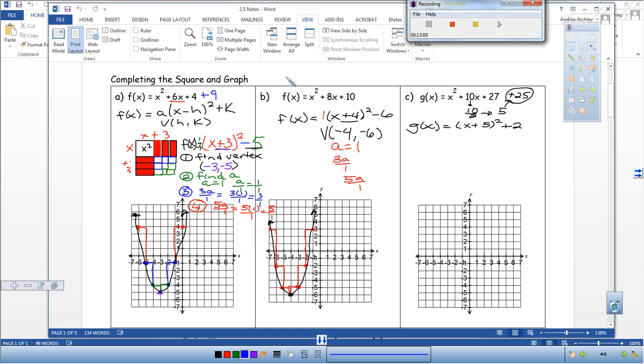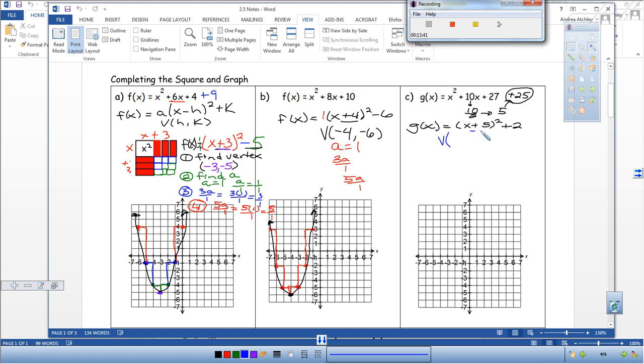Okay, Ruby, what is my vertex going to be? Okay, so let's go back to here. Here's the equation that I have. The vertex is h and k. So what's my h value here? 5.